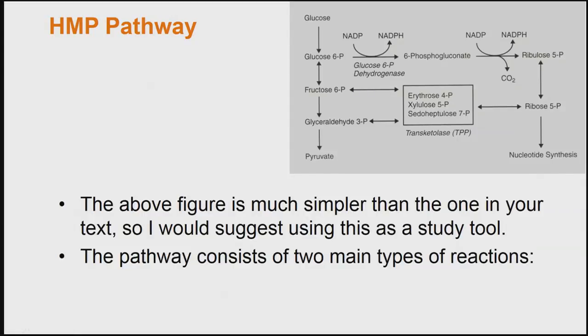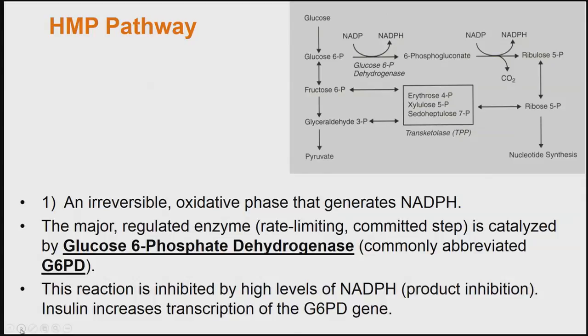The one in your textbook is much prettier, but it's also a little more busy. The thing I really like about this particular figure is it cut out all the enzymes except the two that I want you to know. And I'm going to go over those two key enzymes and why I want you to know them. Okay, so that's the purpose of the pathway.